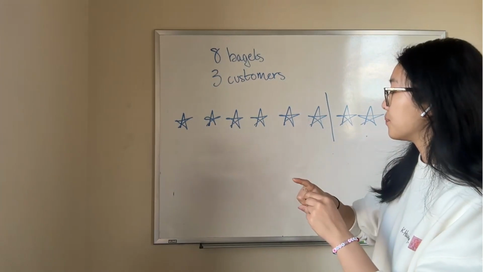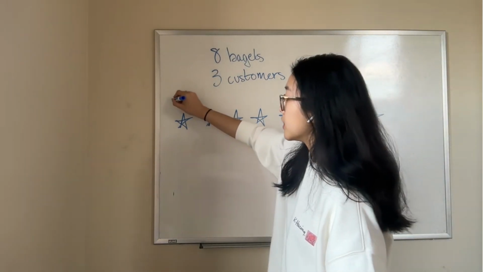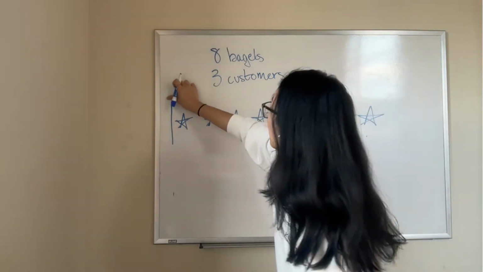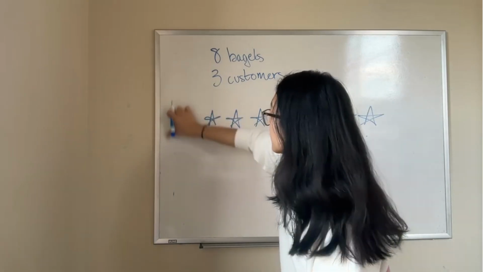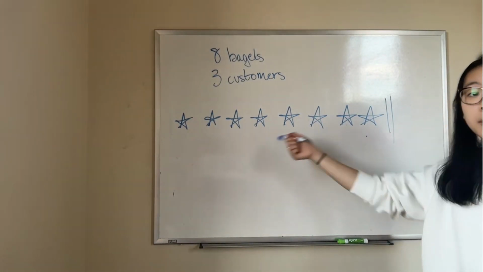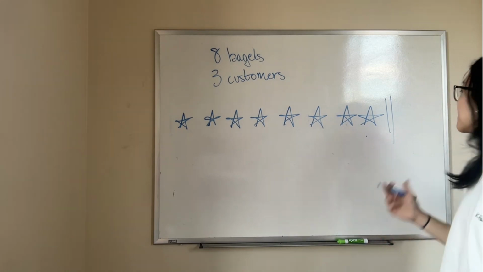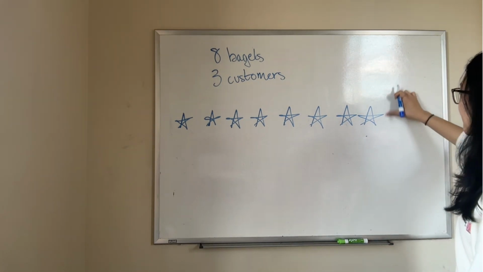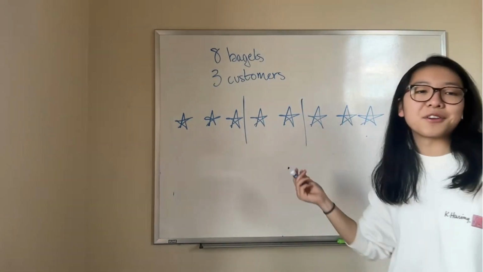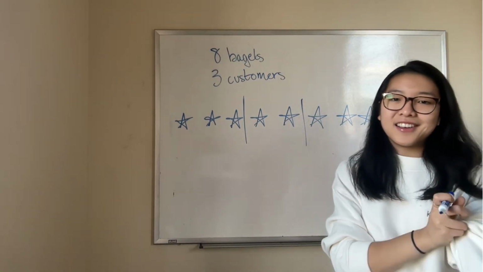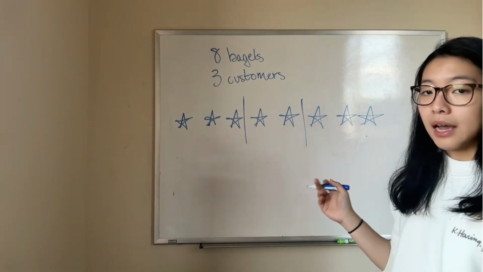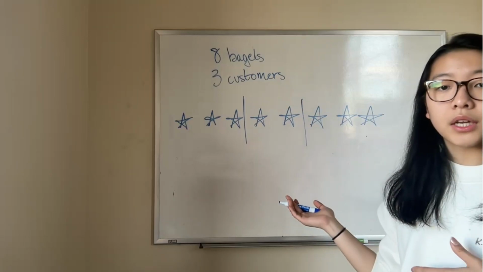We could put our bar here and give person 1 0 bagels, or we could take away both our bars and give one person all 8 bagels, or we can do it a more regular way and give everyone a couple bagels.